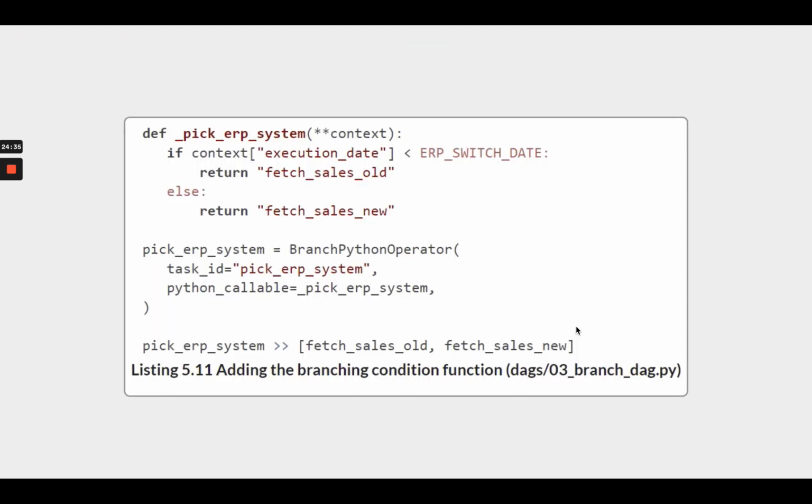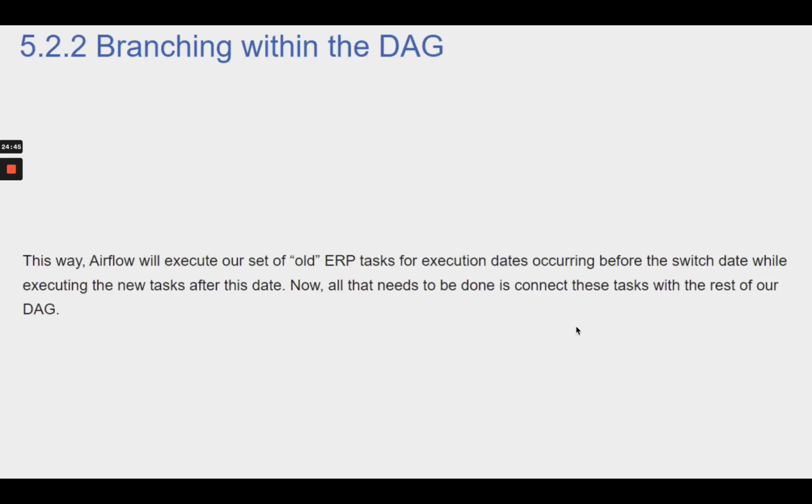In this case, we can implement our choice between the two ERP systems by using the callable to return the appropriate task_id, depending on the execution date of the DAG. This way, Airflow will execute our set of old ERP tasks for execution dates occurring before the switch date, while executing the new tasks after this date.